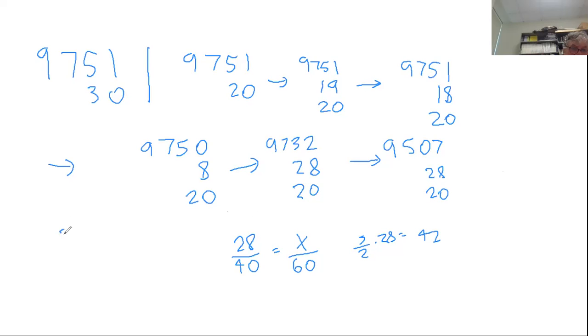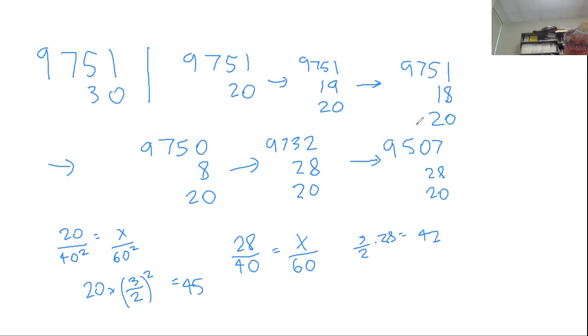That's 20 divided by 40 squared equals x divided by 60 squared. So I've got to take the 20 and multiply it by 3 halves squared. And this was actually a sticking point for some people. They made the mistake of only multiplying by 3 halves. So if we multiply 20 by 3 halves squared, we get 45.